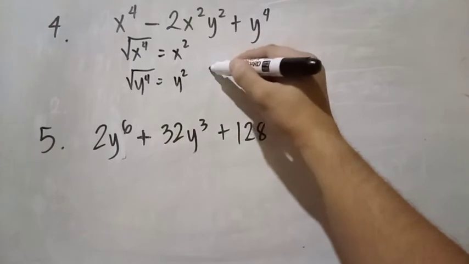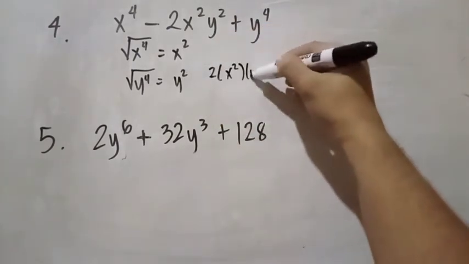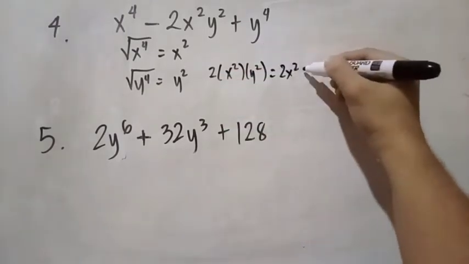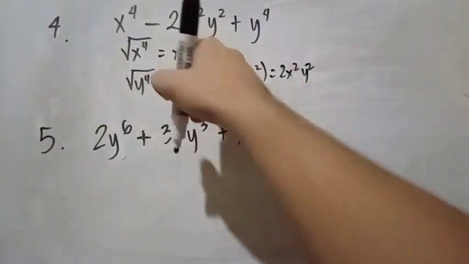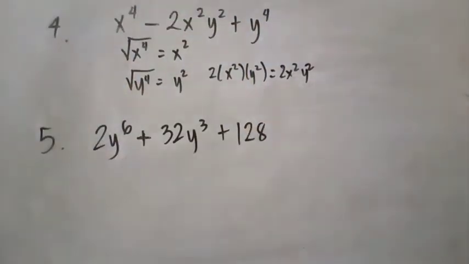And then, i-multiply natin yung 2 sa dalawang ito, x squared, y squared, and pagtabihin na lang natin. So, 2x squared y squared. And nagmatch. Diba? Nagmatch sa middle term. So, ibig sabihin, this is a perfect square trinomial.